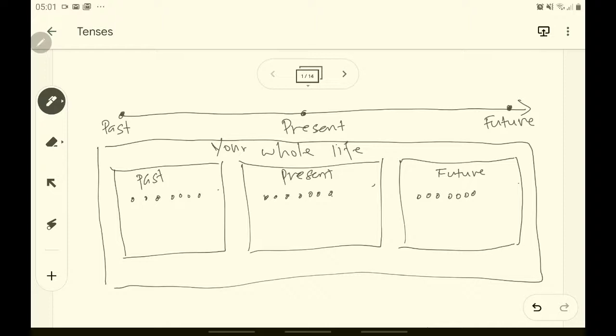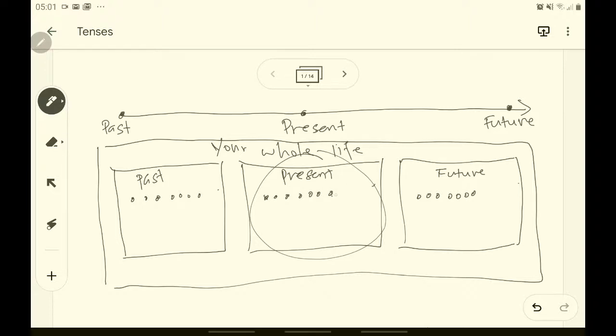For present perfect tense, the action described happens in this smaller box, but it may happen at the first dot, and we are describing it.